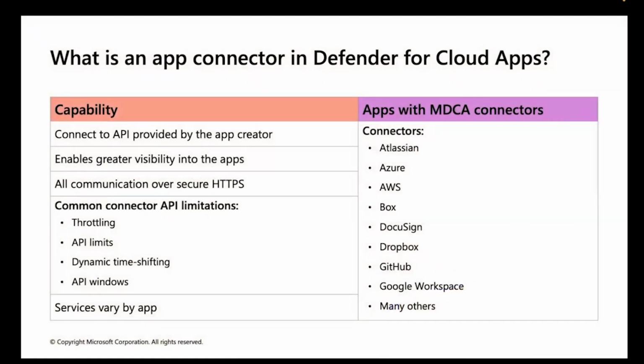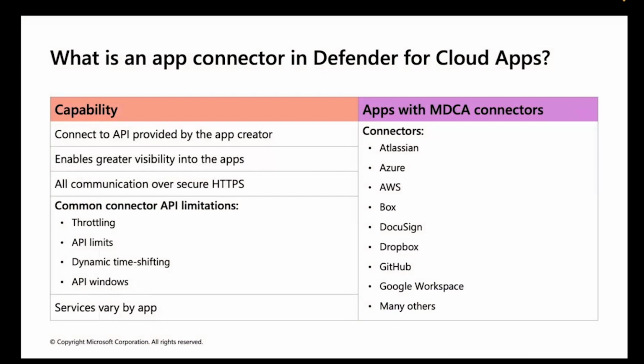So what is an app connector in Defender for Cloud Apps? This connects to the API provided by the app creator. Definitely all communications are secure, and limitations are throttling, API limits, dynamic time shifting, API windows. These are some common connector API limits.